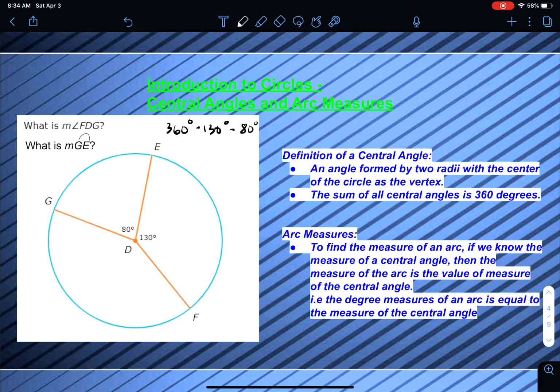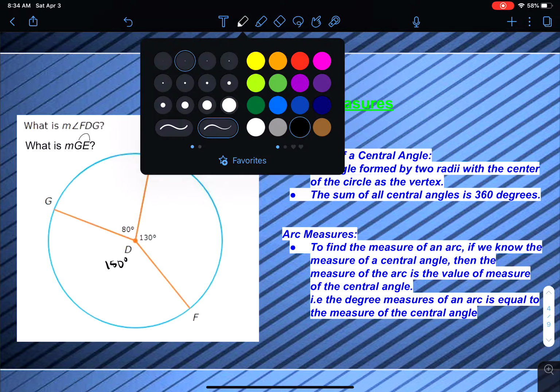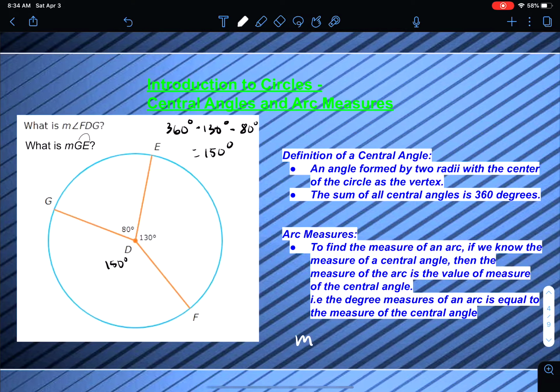What is that going to give me? That is going to give me 150 degrees. So this measure of angle is 150 degrees. Or you can say that the measure of arc FDG is 150 degrees.